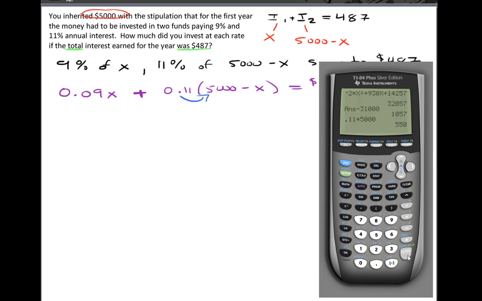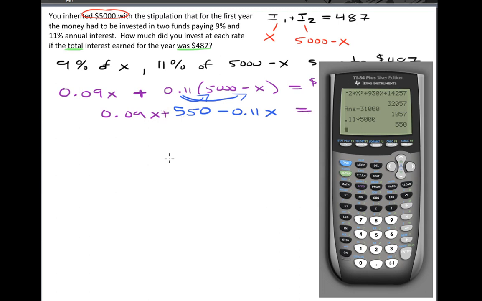That's why these calculators are nice, because you can see the input. 550. So that's 550 minus 0.11x, and this is going to remain 0.09x, and that's going to be equal to 487.